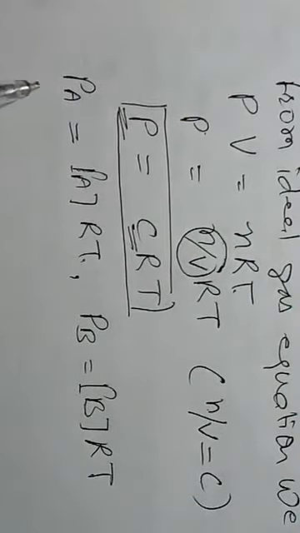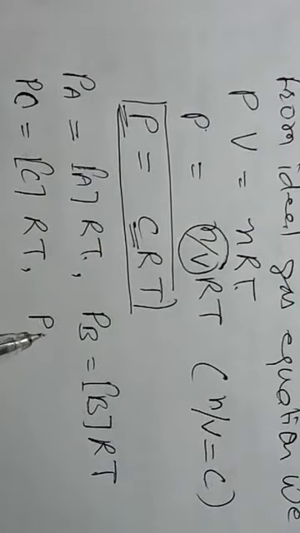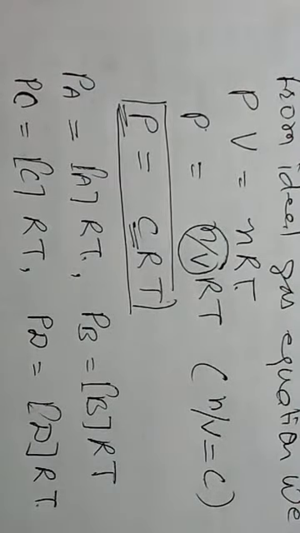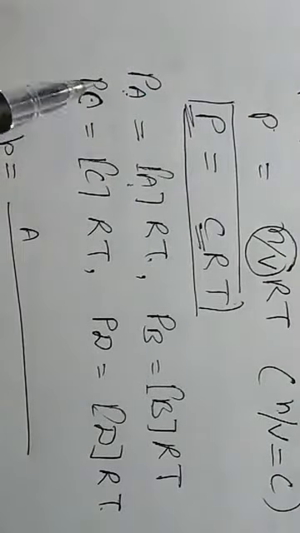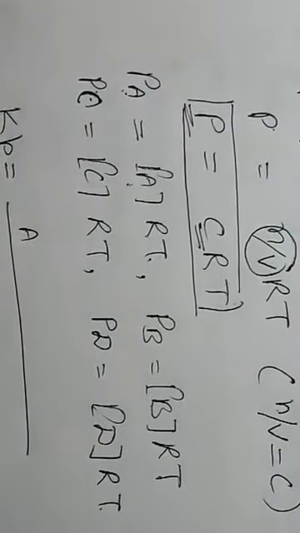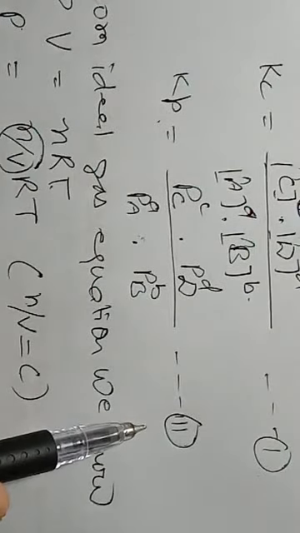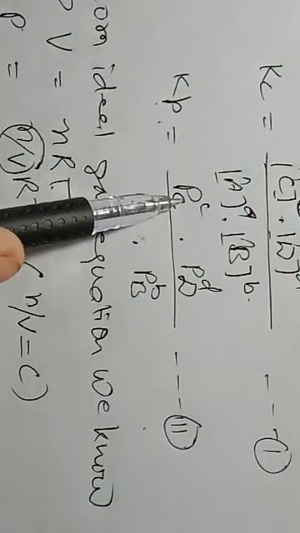Same way, the partial pressure of C will be equal to concentration of C into RT, and the partial pressure of D will be equal to concentration of D into RT. Okay, so these values of the partial pressure we will put in this second relation, the relation in terms of partial pressure.